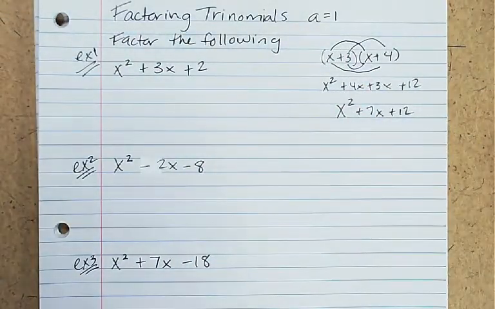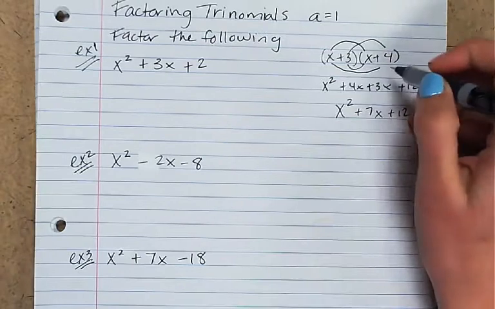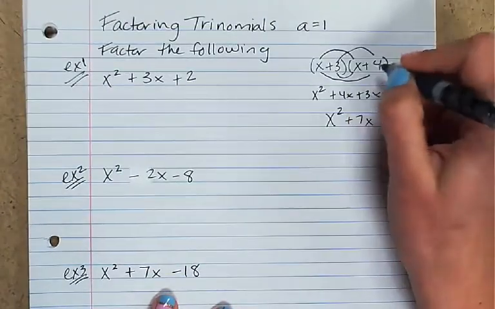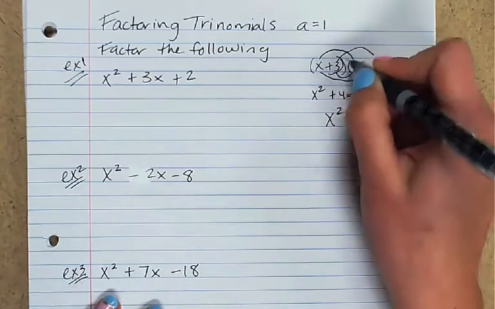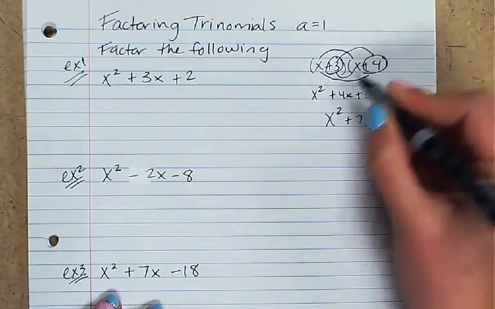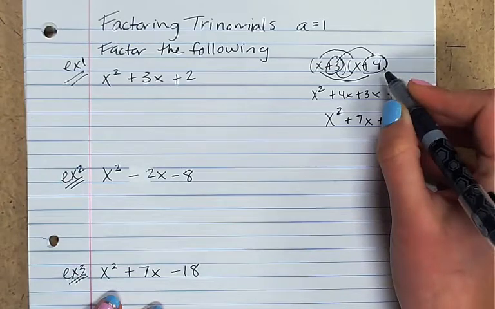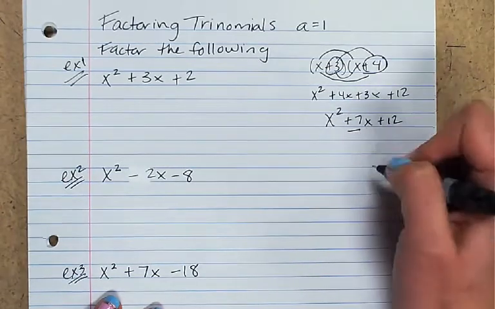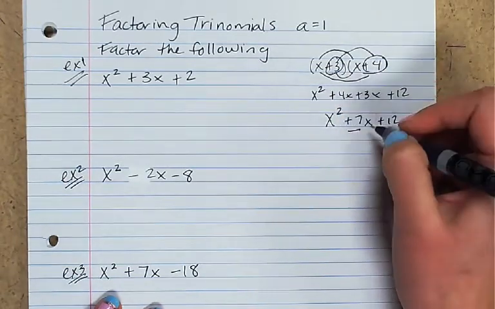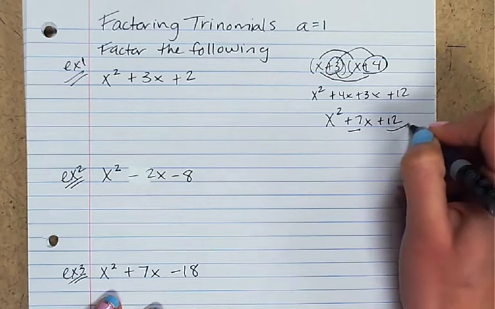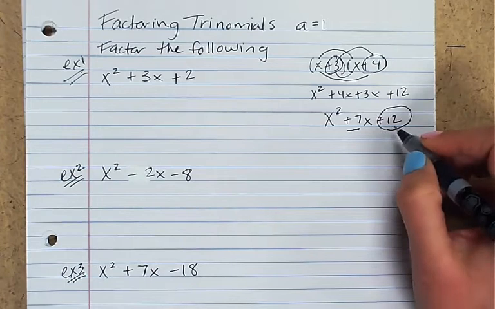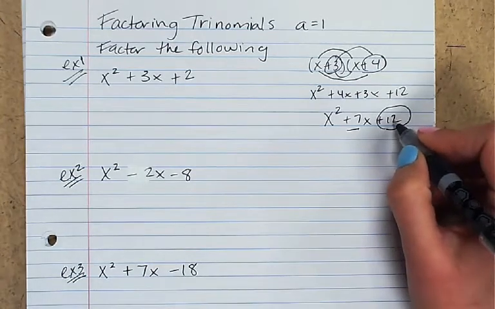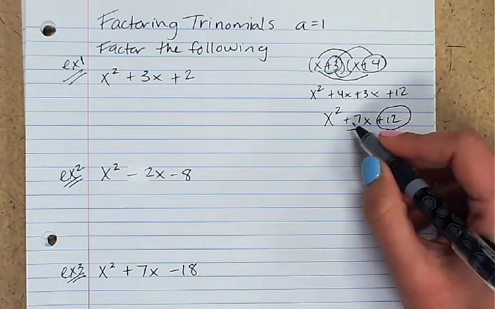So if you notice here, the numbers in these binomials, 3 and 4, when you add 3 and 4, what do you get? The middle term. When you multiply 3 and 4, what do you get? The last term. So when you factor it, all you have to decide is what two numbers multiply to 12 and will add to 7.